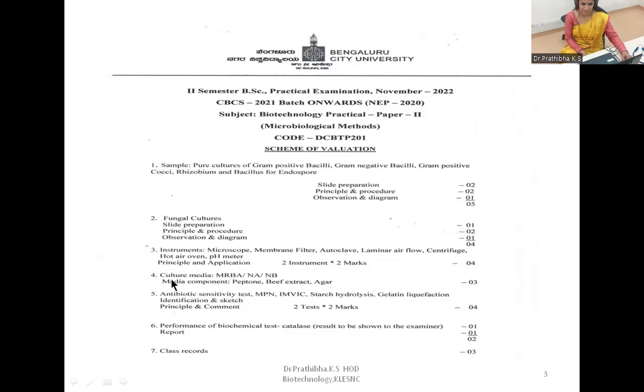Then fourth question, culture media like MRBA, NA, or maybe NB. MRBA is Martin's Rose Bengal agar, NA is nutrient agar, NB is nutrient broth. Media components: peptone, beef extract, agar. This carries 3 marks. Then fifth question, antibiotic sensitivity test. We may keep the photograph or the plate.